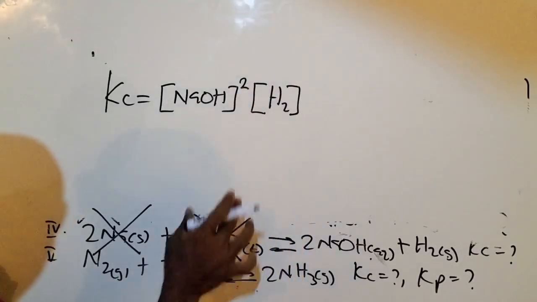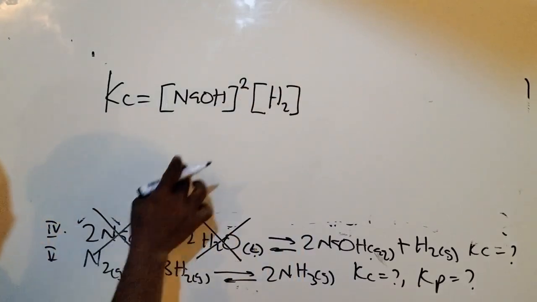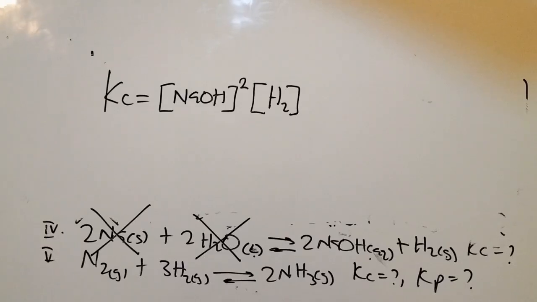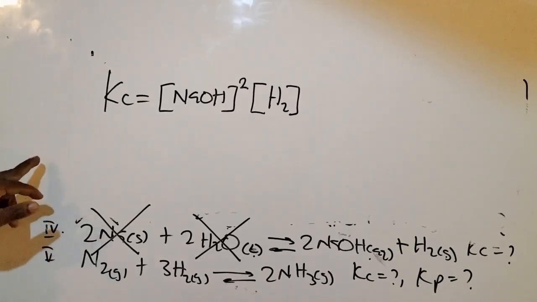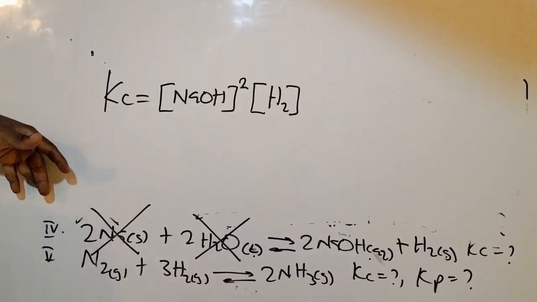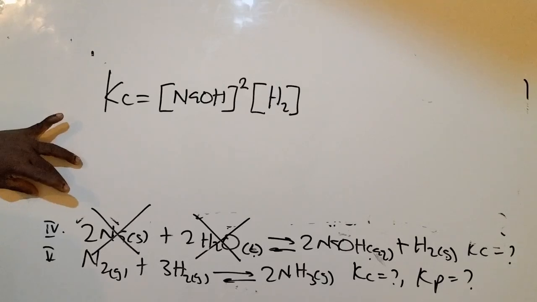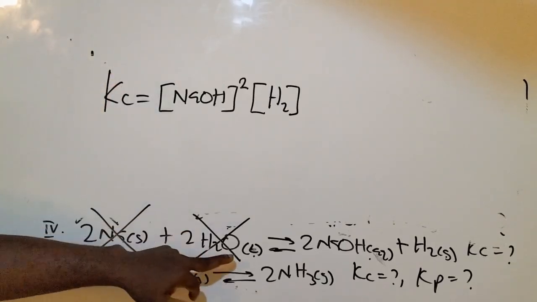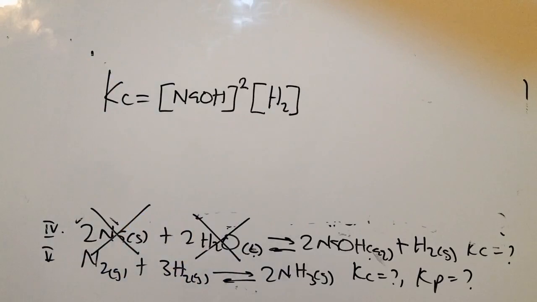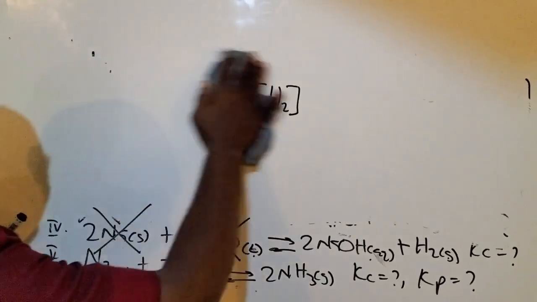Nothing under. What should be under now is 1 because these ones are not expressed, being solid and liquid state. So you can look at the water in the previous question and the water here. The water was represented before because it is in gaseous state, but in this one it is in liquid state. That one is ignored.